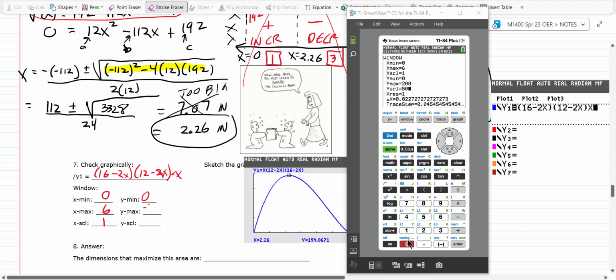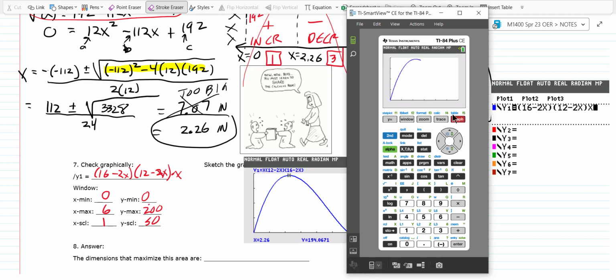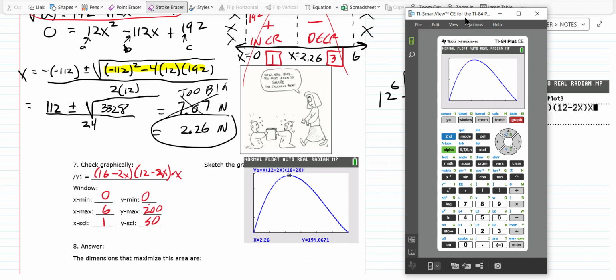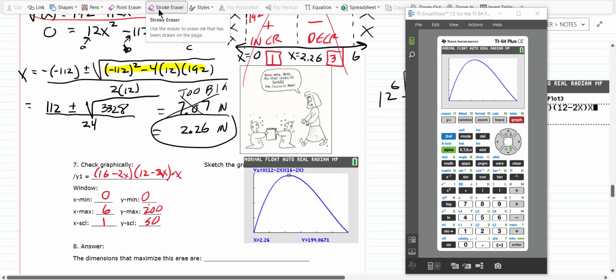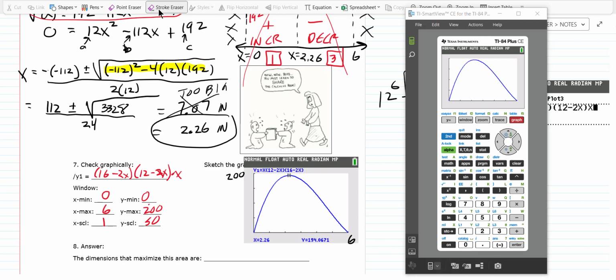And then I'm just going to have you sketch out the graph that's going to come out on here anyway, okay? Really all I want to see is 3 points, the beginning, the end, and that maximum. So here's basically what happens on your graph. You need to just write a really rough sketch of this. You're just kind of going up to 6, that's sufficient. Then you're going up to 200, that's sufficient right there. And then you're going to have these 2 points.